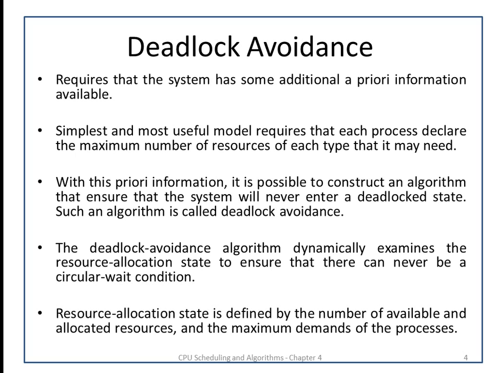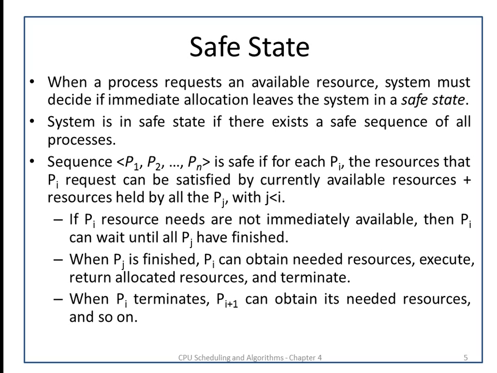Such an algorithm is called deadlock avoidance. Deadlock avoidance dynamically examines the resource allocation state to ensure that there can never be a circular wait. The resource allocation state is defined by the number of available and allocated resources and the maximum demand of the processes.